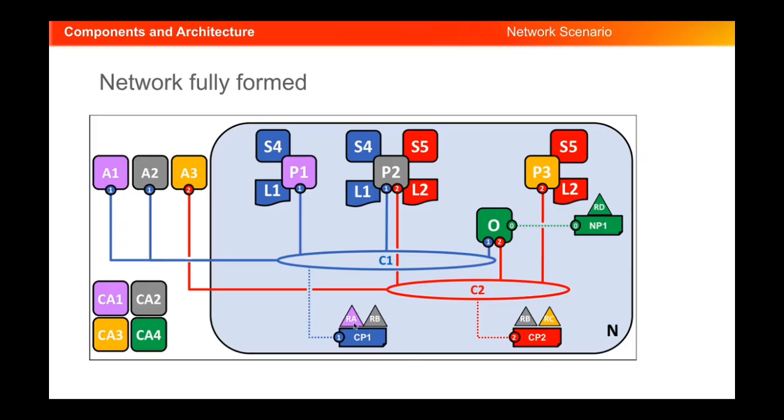One consortium contains organization A and organization B, and another consortium contains organization B and organization C. Each consortium has to abide by its own rules, which is channel policy 1 in case of consortium RA and RB, and channel policy 2 in case of consortium organization B and organization C. So you have two channels, which are C1 and C2, and you have three applications A1, A2, A3. You have four certification authorities. You have one orderer node, and you have three peer nodes.